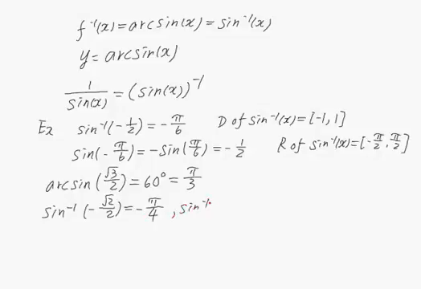Then the inverse sine of negative root of 3 over 2 equals what? What is the angle? Negative, you can look at this, right? So it's negative pi over 3. Okay, these are some examples about the inverse sine function.